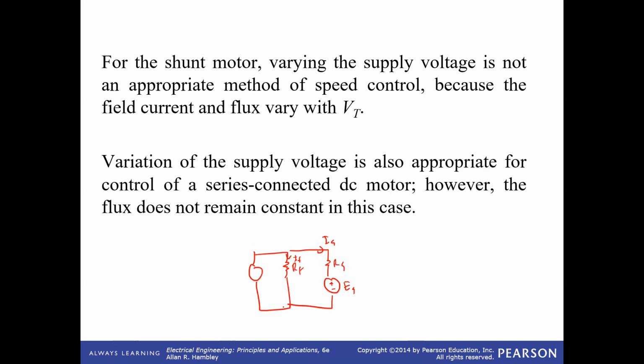Okay, if you make the VT a variable voltage, it will affect IF and IA. Okay, IF is not fixed. Because in this method, IF should be fixed, should be made constant. But when you vary the VT, the IF will also vary.